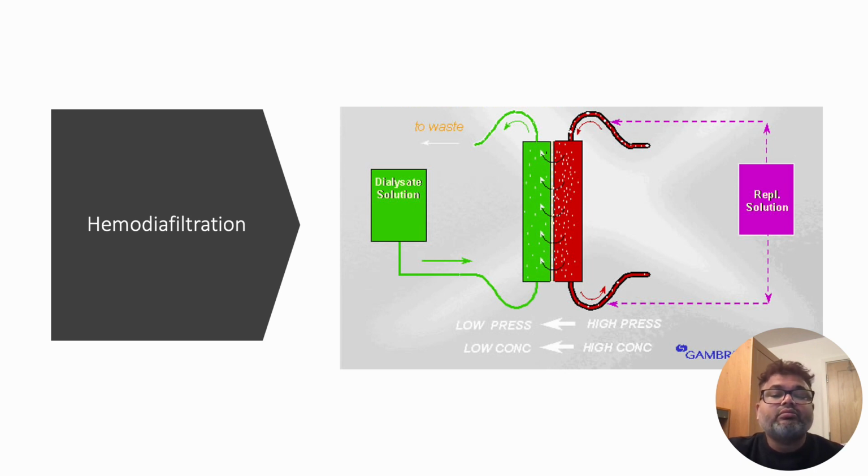Another combination mode is called hemodiafiltration. This is nothing but a combination of the two mechanisms we have discussed: one is hemodialysis and the other is hemofiltration, which if we combine together is called hemodiafiltration.